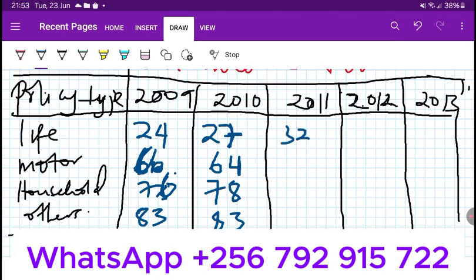2011 is 32. 32 plus the motor, which is 31, gives us 63.